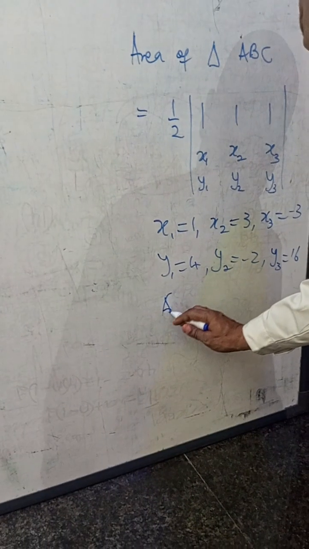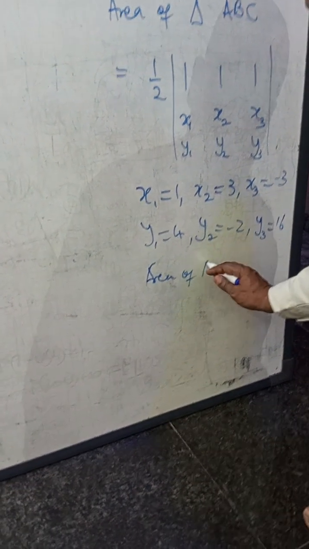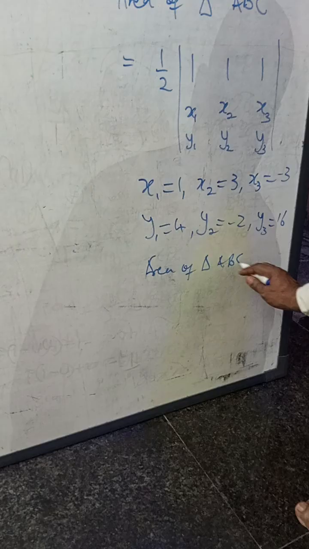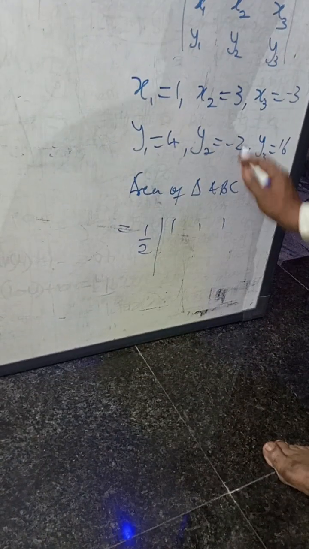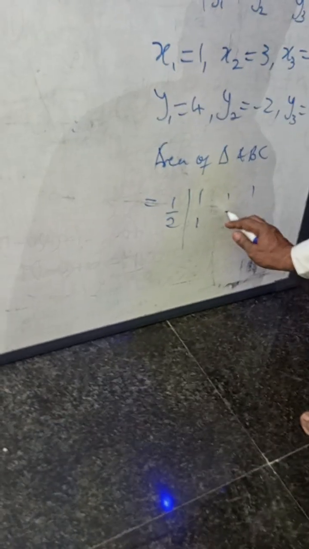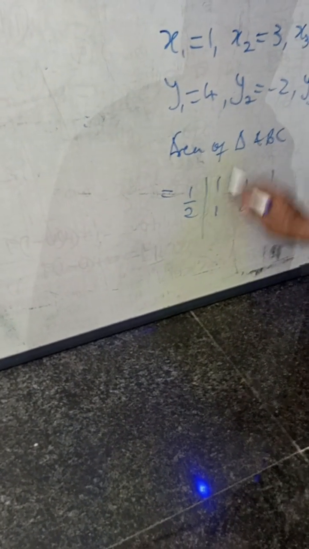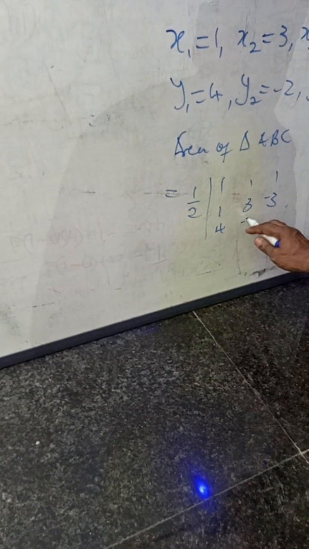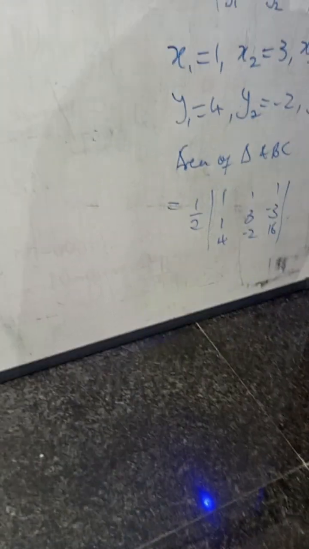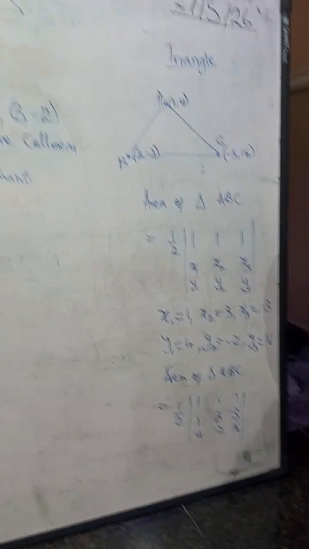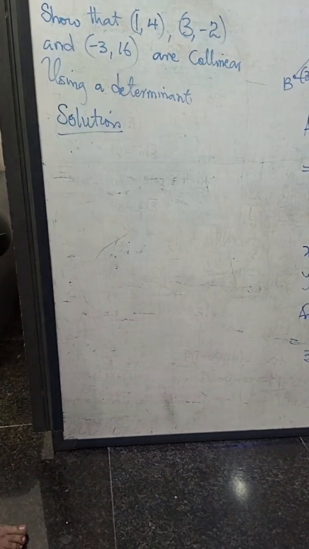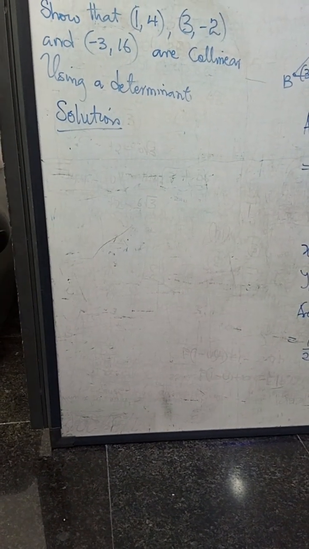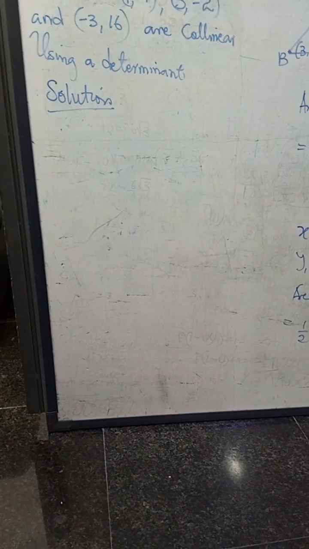So area of triangle ABC will now be half of the determinant with rows 1, 1, 1, then 1, 3, negative 3, then 4, negative 2, and 16. So we are set to go into that work. We want to pick the elements of that determinant formed from the matrix one after the other.